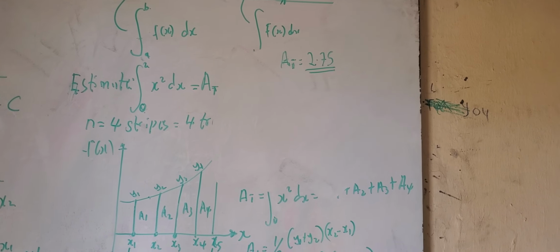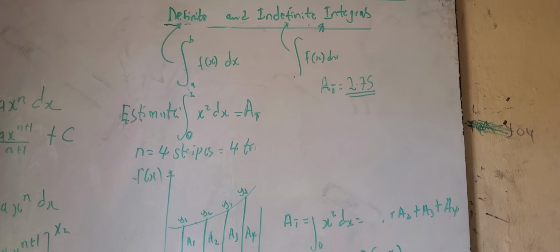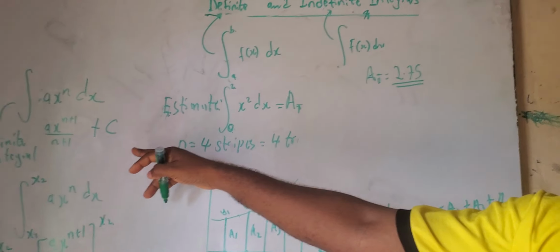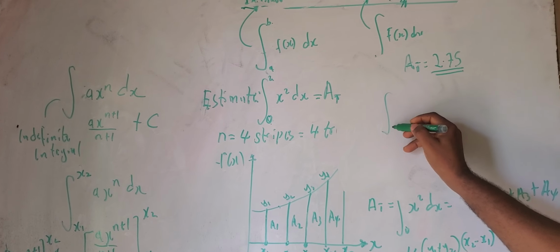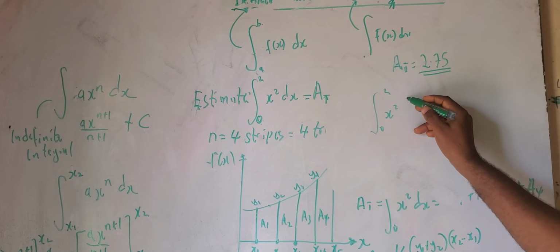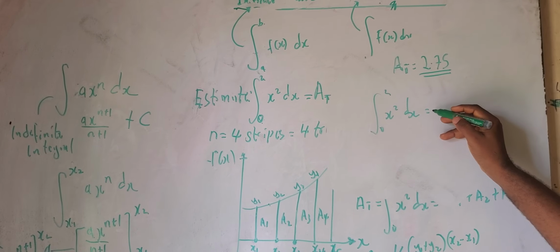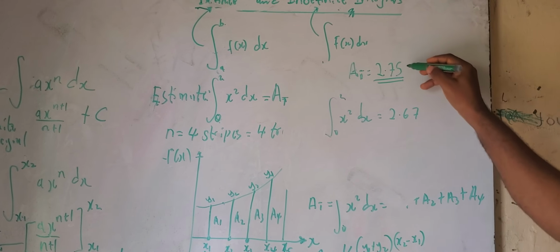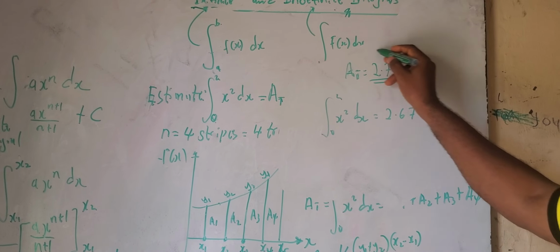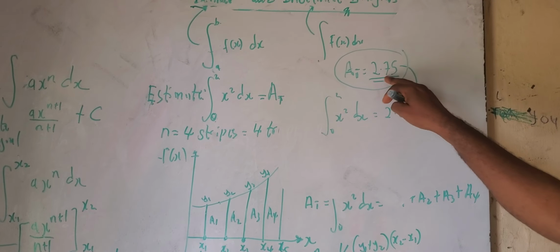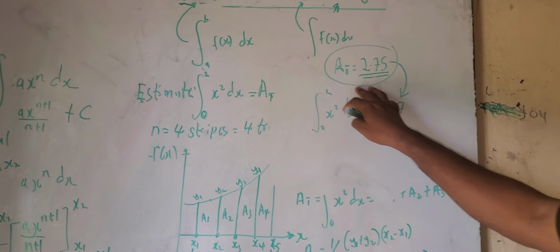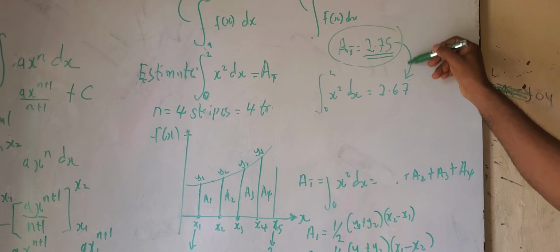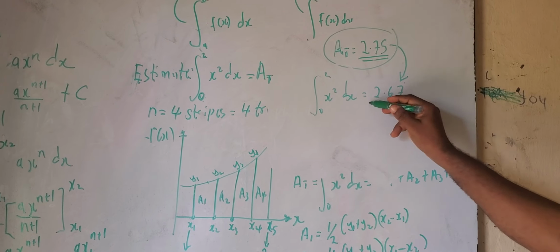If you recall, when I integrated x squared dx using the formula originally, what I got as my answer is 2.67. You can see that using the trapezoidal method, I have 2.75, and using the direct integration method, I have 2.67. So what I have here is just an approximation of the actual value.